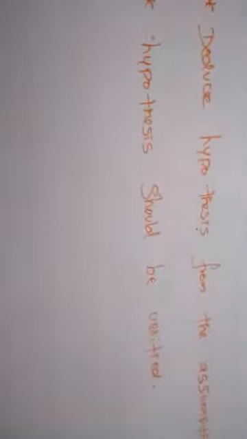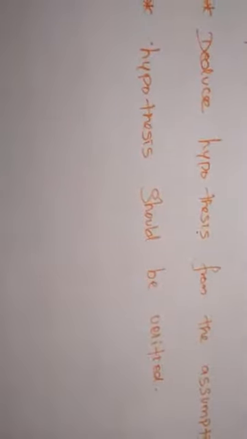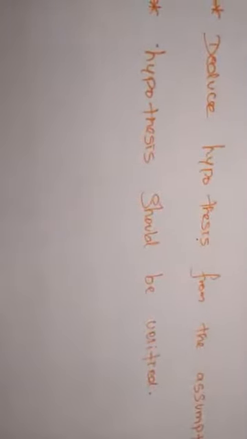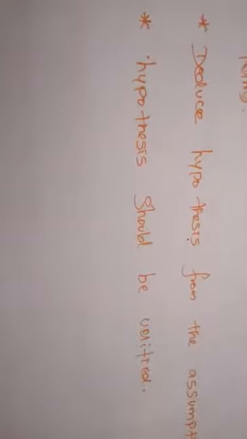The last step is that the hypothesis should be verified, whether this hypothesis is real or fake. If the hypothesis is fake, we cannot come to the conclusions. The hypothesis should be verified through direct observation of events in the real world.